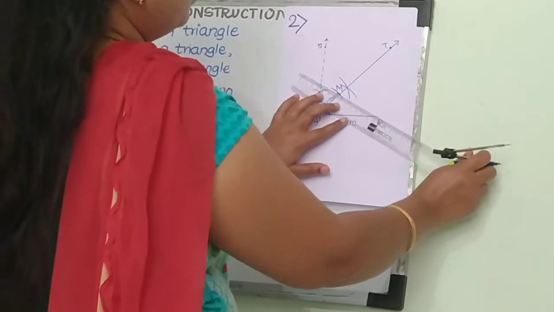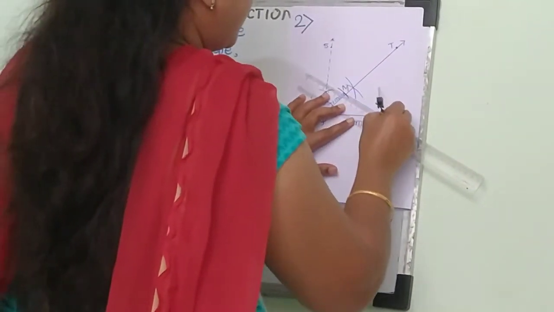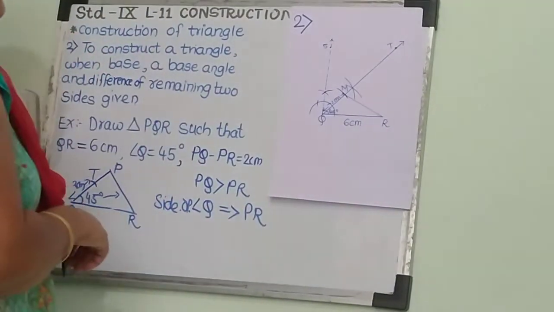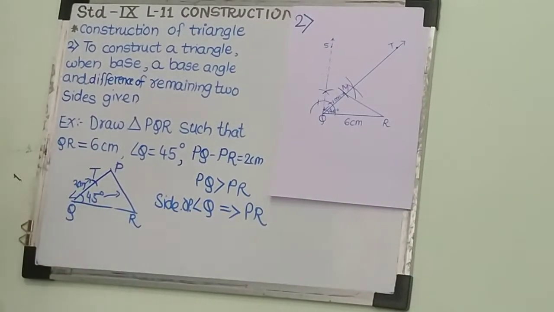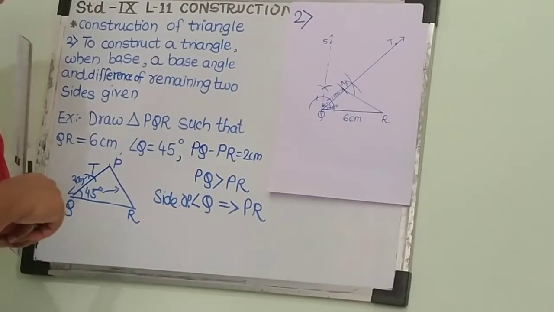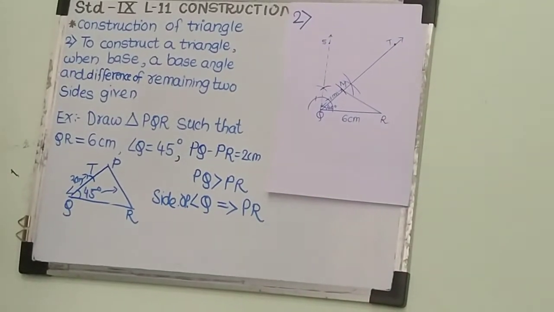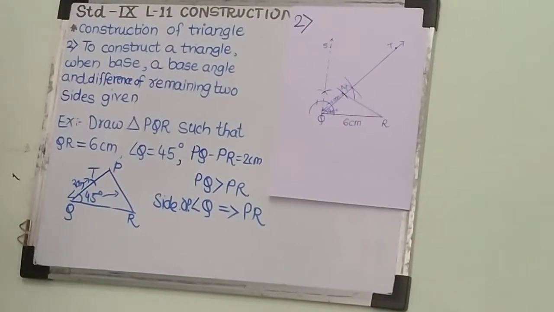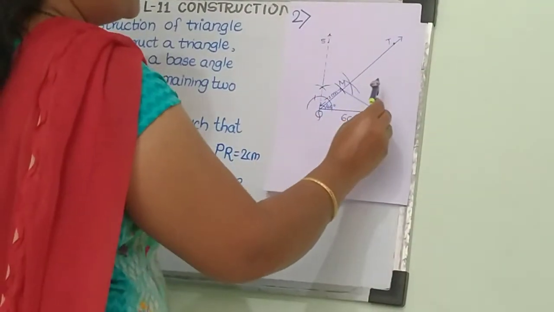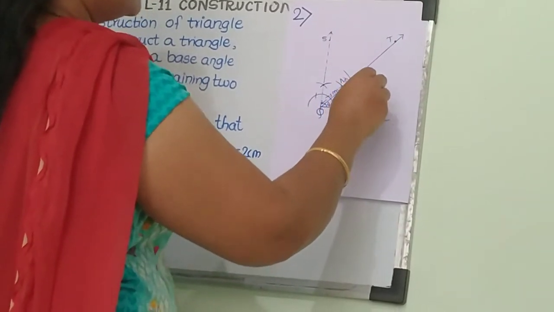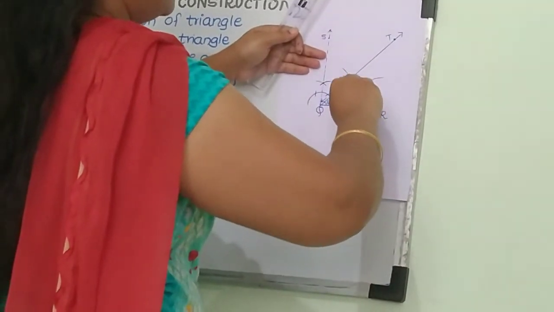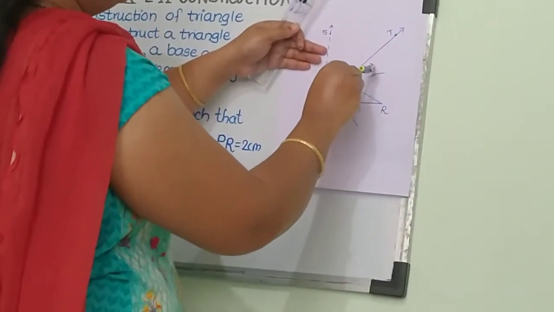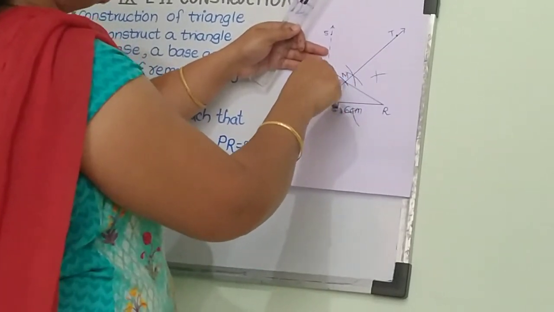After this we have to join MR. Now we have to draw the perpendicular bisector of MR. First I will take more than half the distance in my compass and draw the arc from point R on both sides and from point M on both sides.